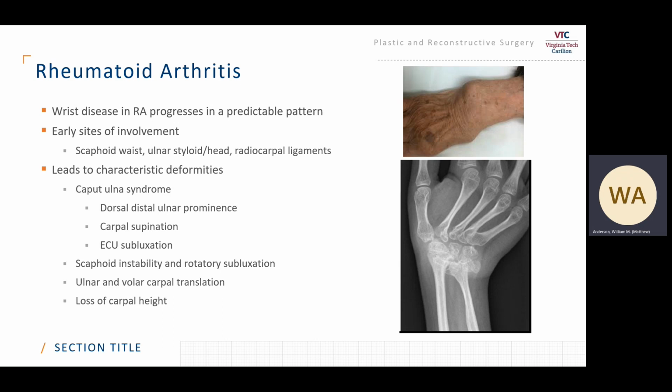This leads to carpal supination and ECU subluxation. Scaphoid instability and rotatory subluxation are also common. Ulnar and volar carpal translation is kind of a hallmark of the rheumatoid wrist, and then ensuing loss of carpal height, particularly secondary to scaphoid instability.